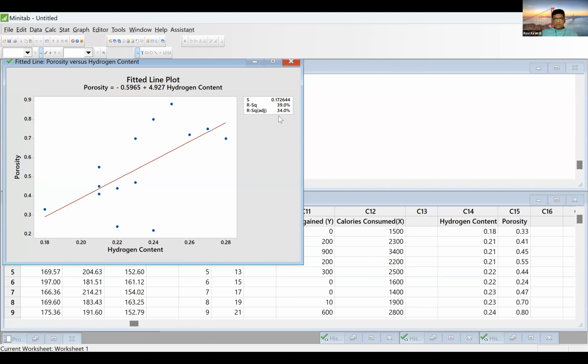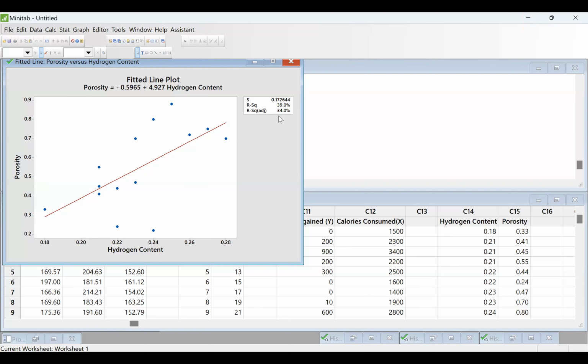You thought that hydrogen content is influencing the porosity, so you studied only that. You collected data and now you modeled it. Now you realize it has an influence of only how much? 39%. So that means some other contributors are involved. Some other factors are also contributing to the same problem, which you did not include in your study.